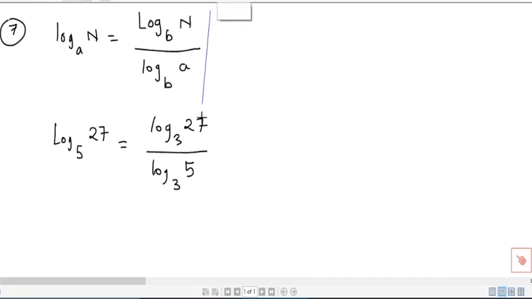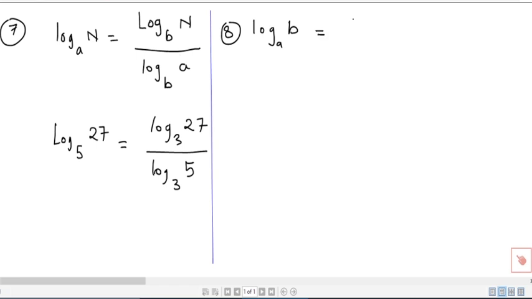Now let's talk about one more important property, property number 8, which says that if you have log base a of b, then if you want to convert the base to b and the number to a, it will become reciprocal like this, 1 upon log at base b of a.